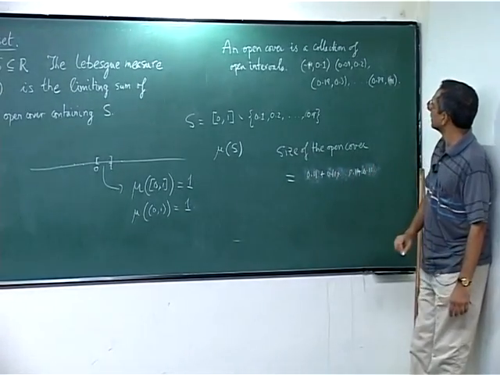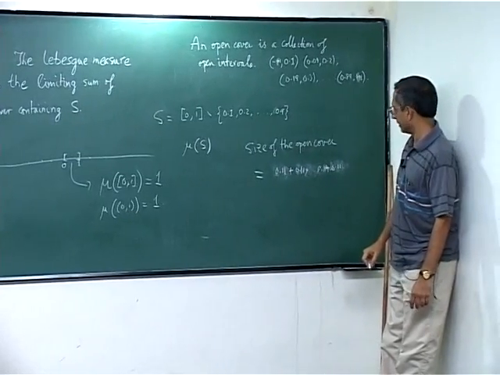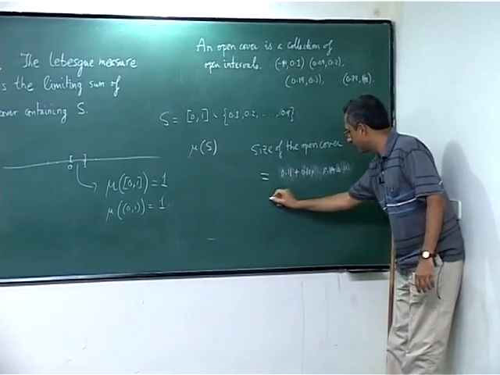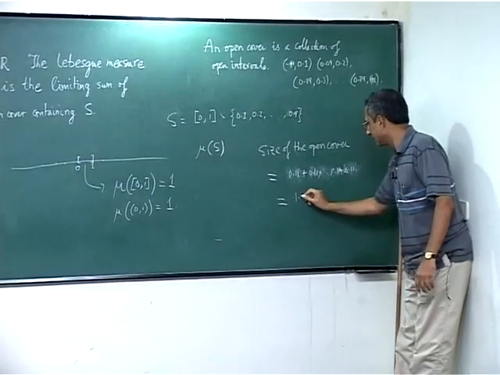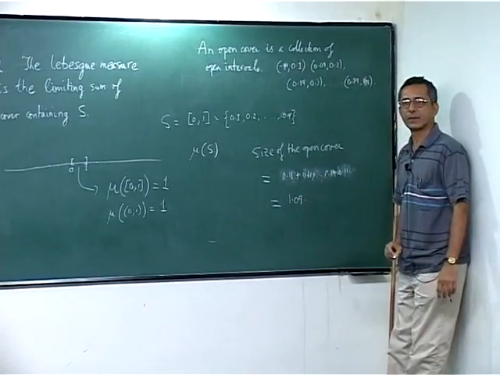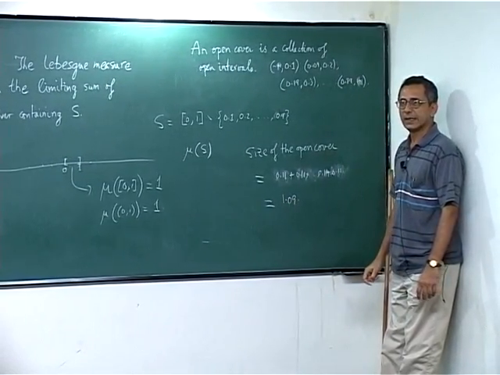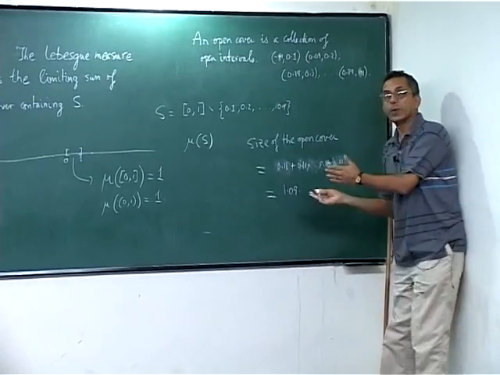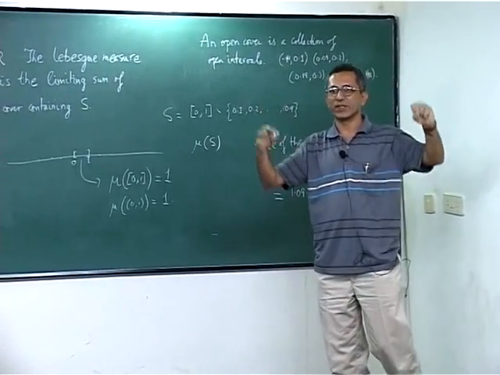So what is the sum of these? 1.09. So that is an upper bound on the measure of the set.